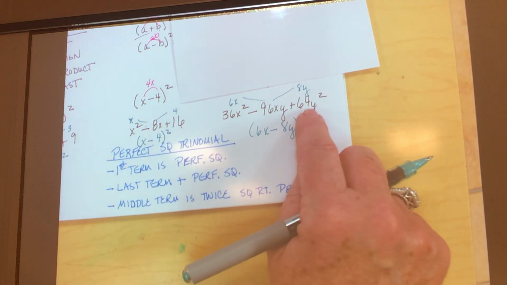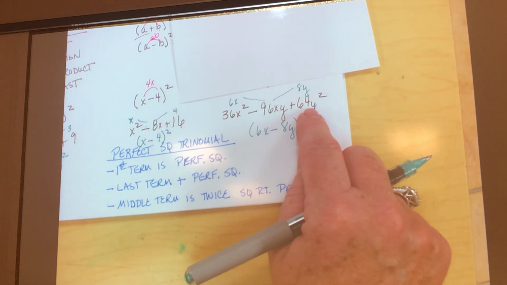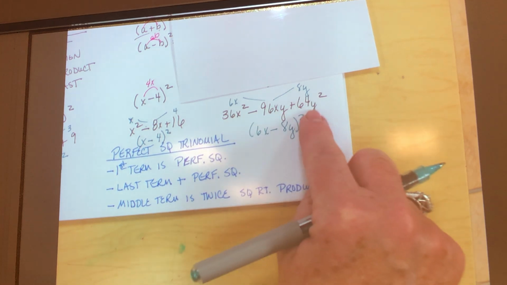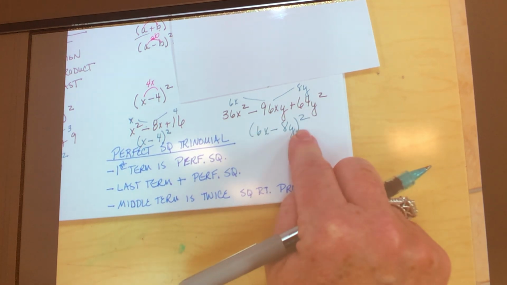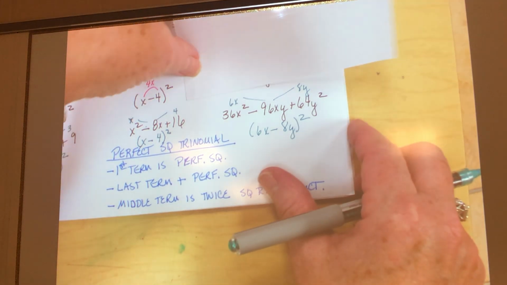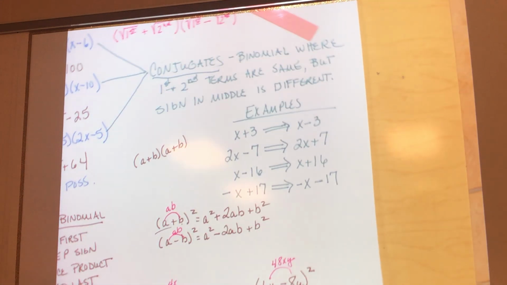And you haven't even talked about the possibilities of 64: 1 and 64, 2 and 32, 3 and nothing, 4 and 16, 5, 6, and 7 and nothing, 8 and 8. You think about how many possibilities you got with all those on the front and all those on the back. We did it in 3 seconds. You can factor it as long as it's a perfect square. Yes. That's exactly right.